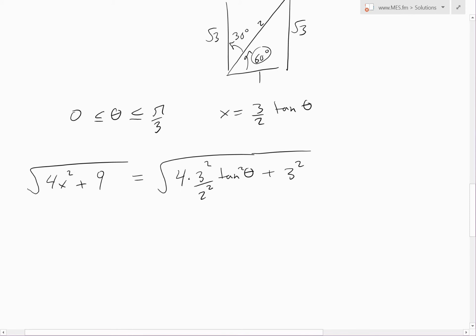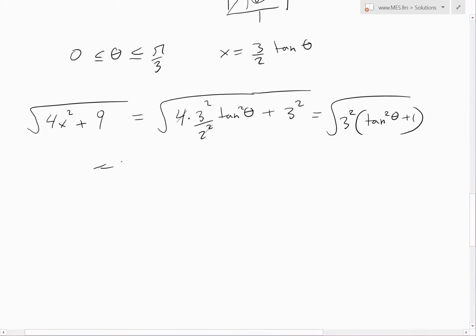Now as you can see here, this is 2 squared, that's 4, this cancels with the 4. Now if we factor out this 3 squared, we get 3 squared times tan squared theta plus 1. And now if we just square out this right here, this is going to be 3. And now, using our trig identity, this equals secant squared theta.